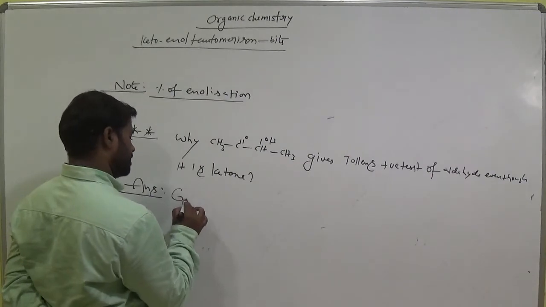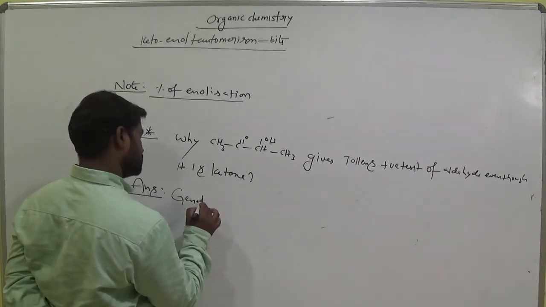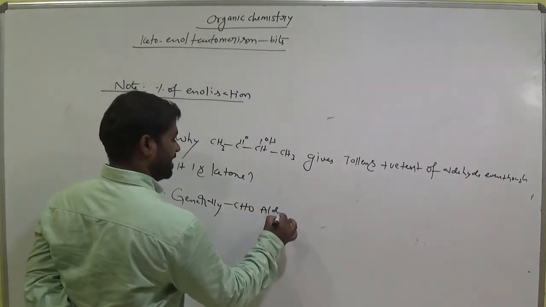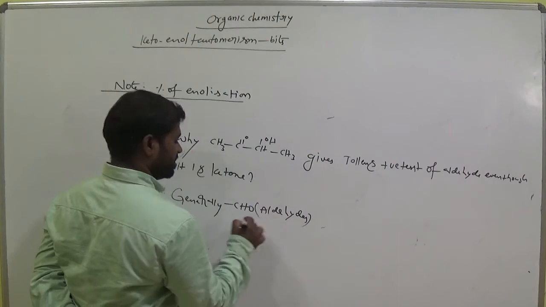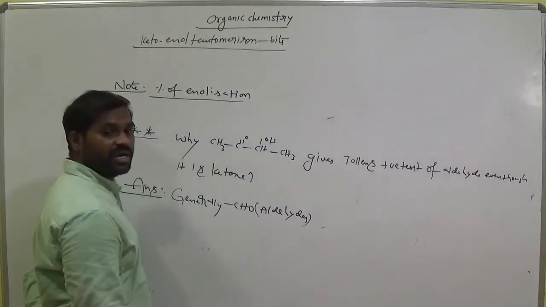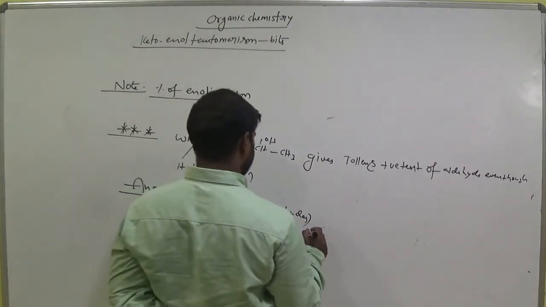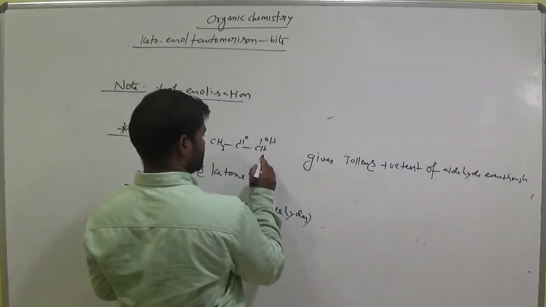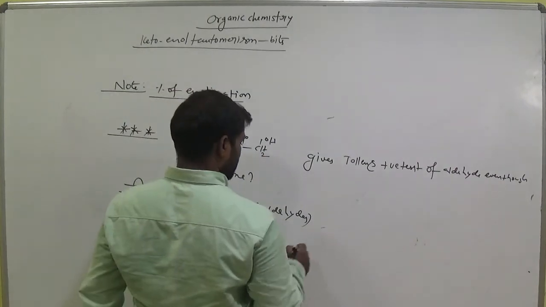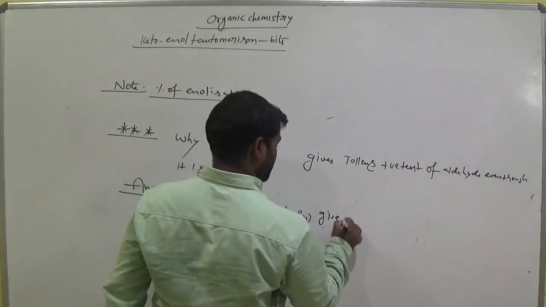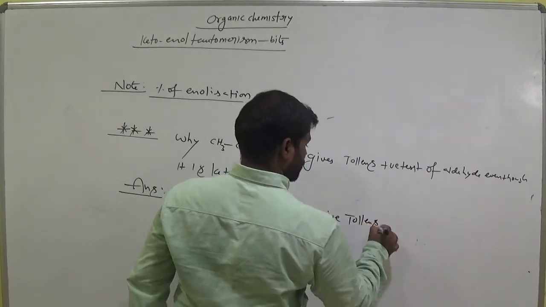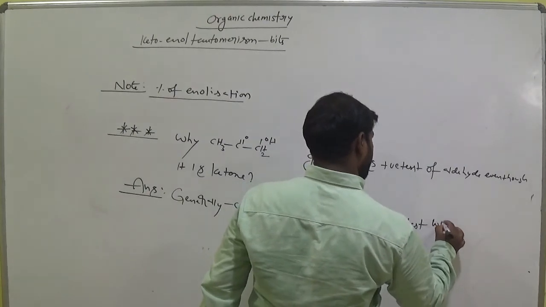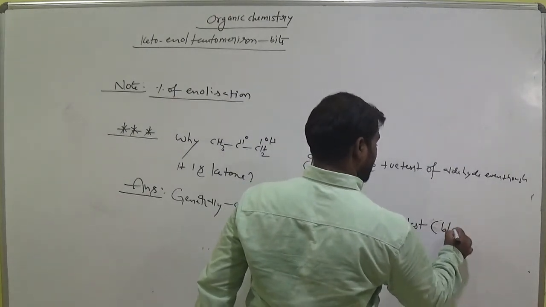So generally aldehydes, the compounds which consist of CHO, are called aldehydes. Generally aldehydes give Tollens positive test, that is black PPT.